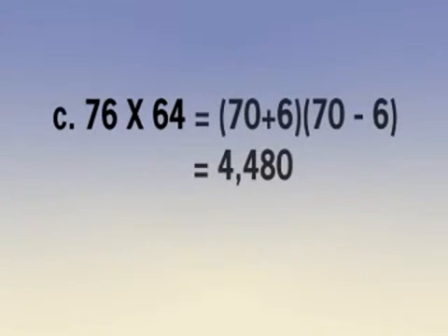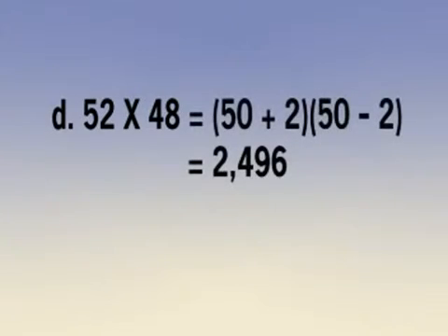Quantity 70 plus 6 times quantity 70 minus 6. Quantity 50 plus 2 times quantity 50 minus 2. You can even extend the shortcut to larger numbers.